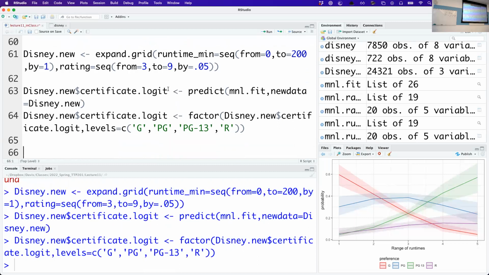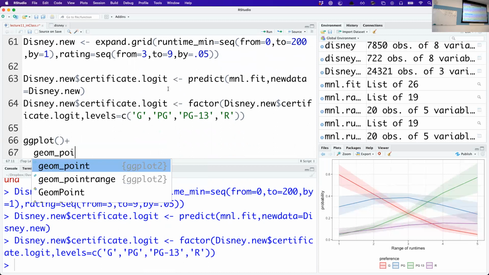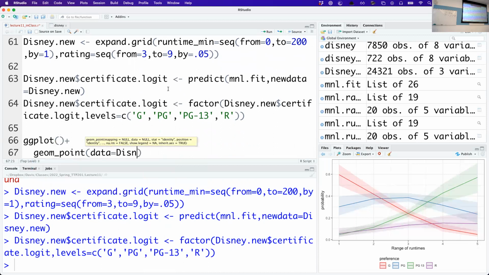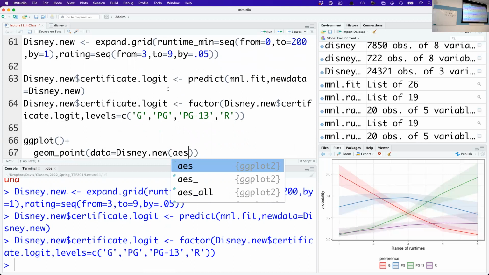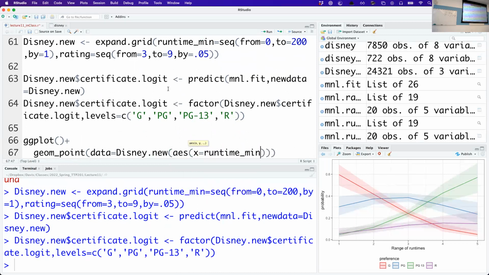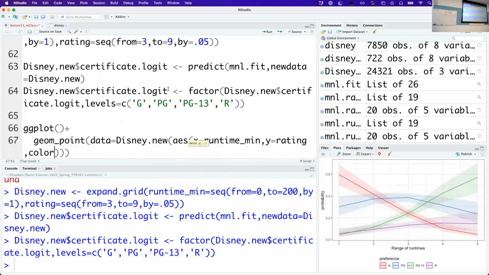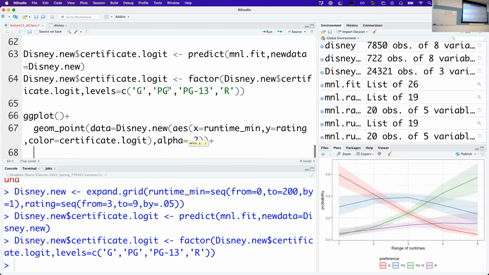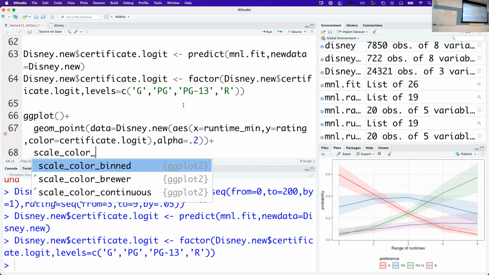And then let's look at a plot of what these predictions look like. So I'm going to have two sets of points here.